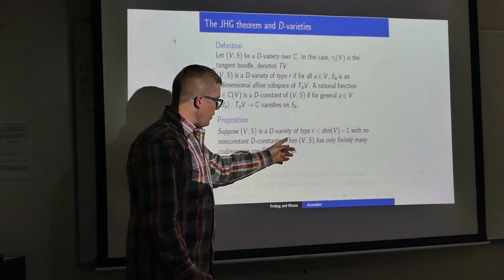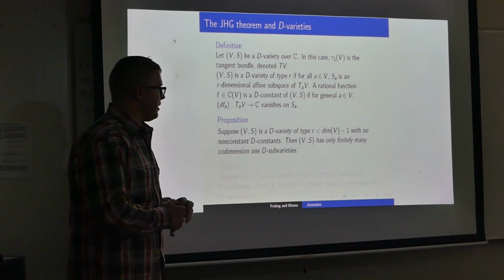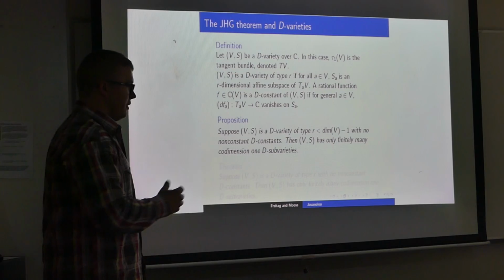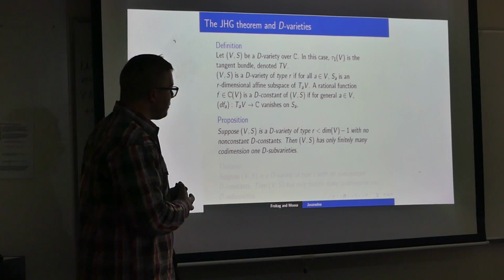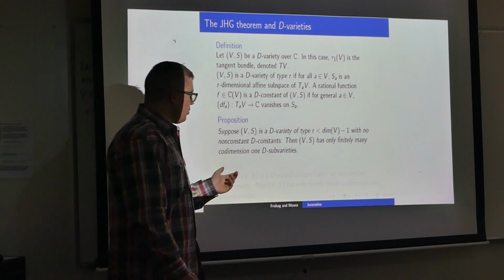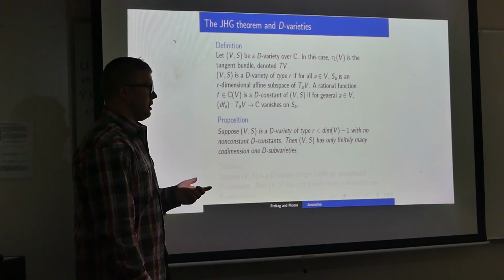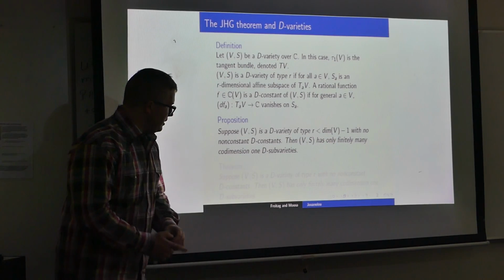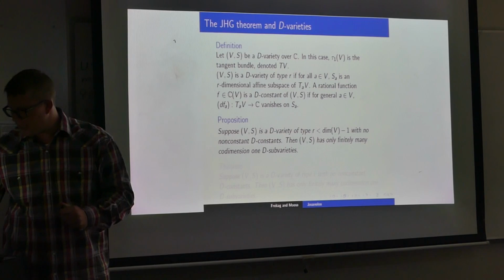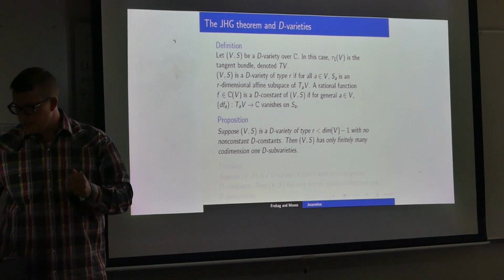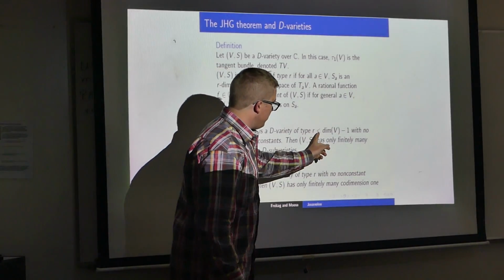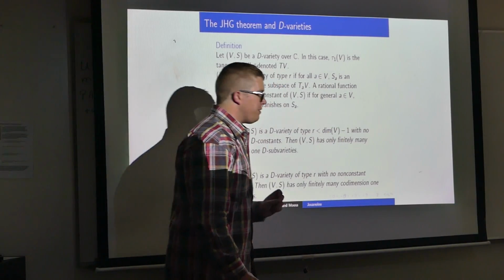Then what we basically proved, translated to this language, the Jouanolou style theorem, is that (V, S) has only finitely many codimension 1 D-subvarieties. And if you work just a little bit harder, you can also cover the case where r equals dimension minus 1.